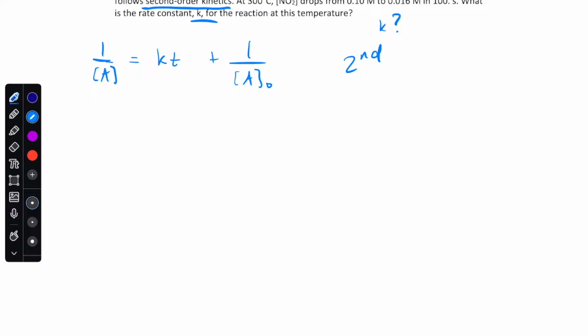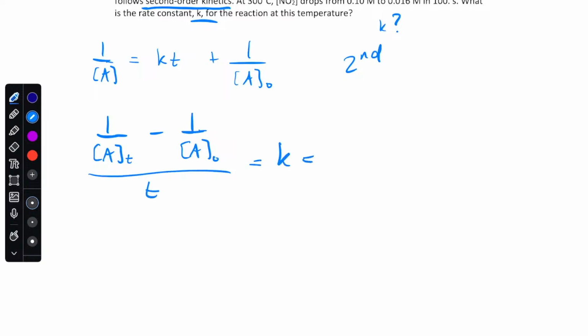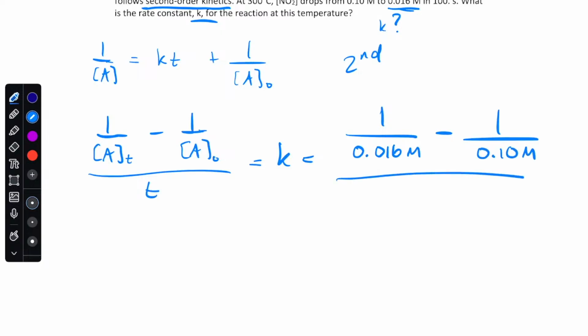We can rearrange this. K is equal to 1 over A, sometimes you see it as A at time T, minus 1 over our initial A, divided by T. So that is 1 over our concentration at time T, 0.016 molar, minus 1 over 0.10 molar, divided by 100 seconds.